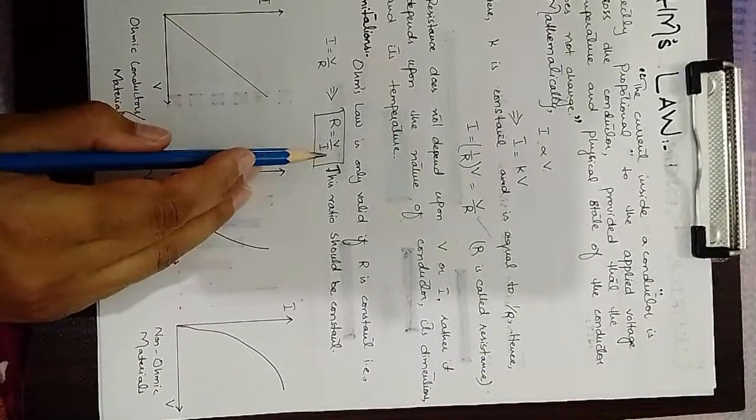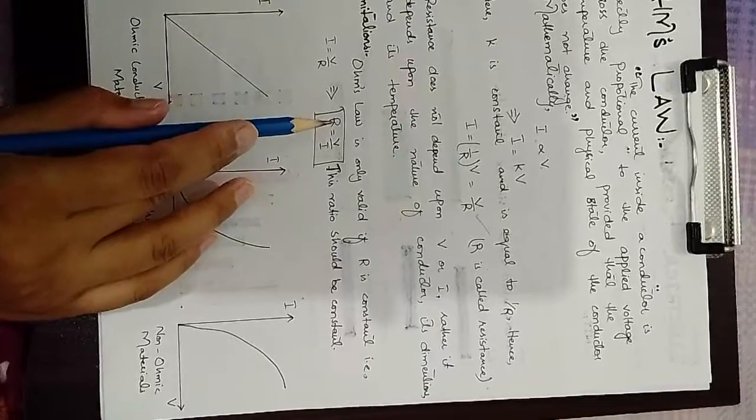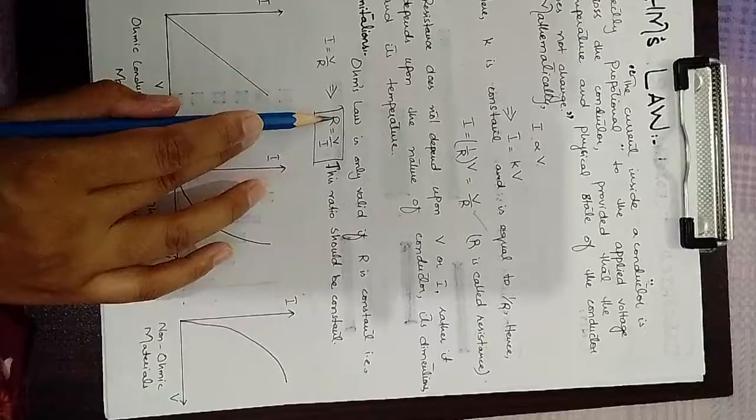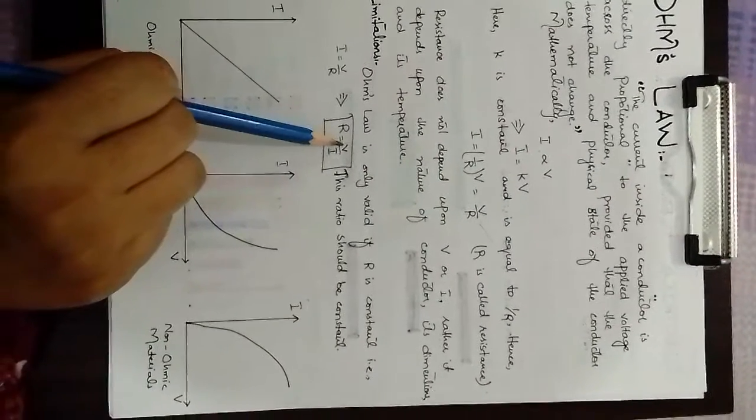So the ratio of V and I remains constant here. For ohmic materials, the ratio of V and I remains constant, and that ratio is called the resistance of that material.